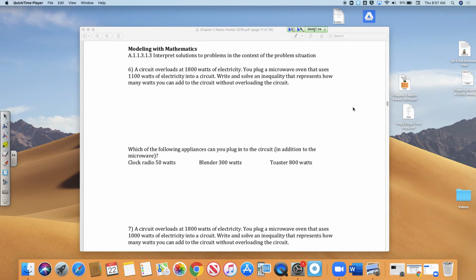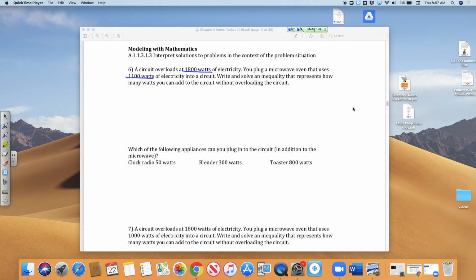So number 6 says, a circuit overloads at 1,800 watts of electricity. You plug a microwave oven that uses 1,100 watts of electricity into a circuit. Write and solve an inequality that represents how many watts you can add to the circuit without overloading the circuit.